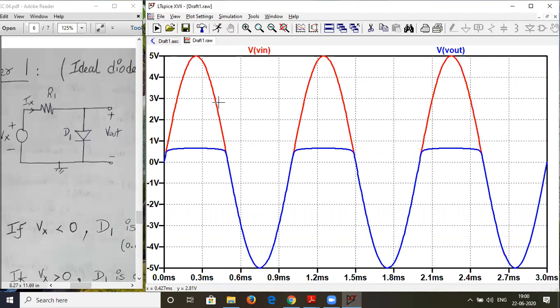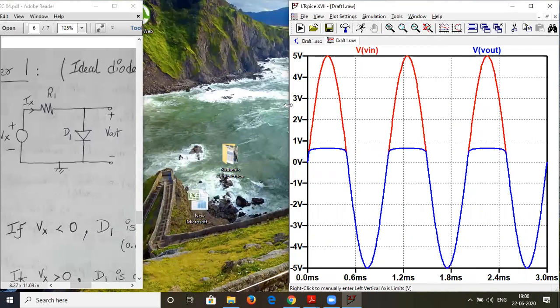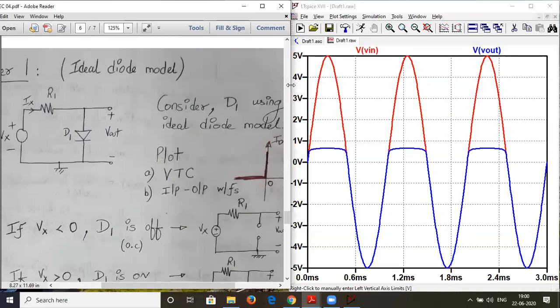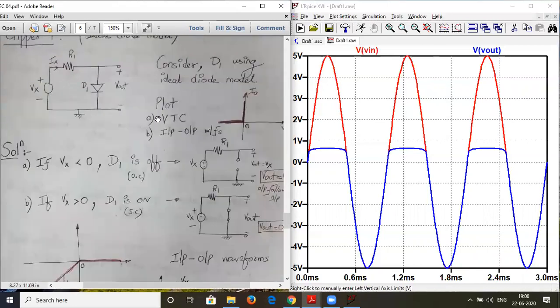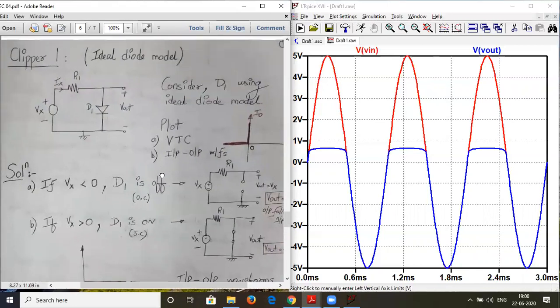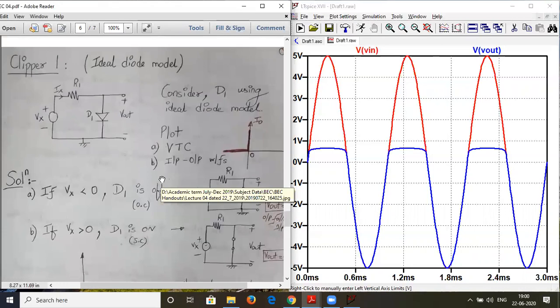But how does it work? Let us study and analyze this a little further. Let me keep this on and let me explain how we got this output. Okay, so let us analyze the circuit over here. Basically this is using the ideal diode model.